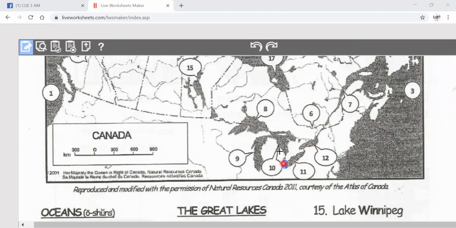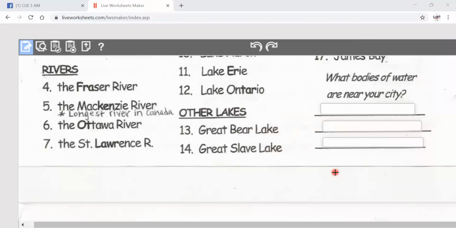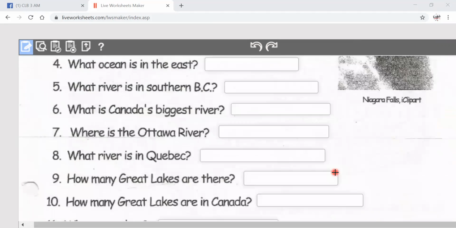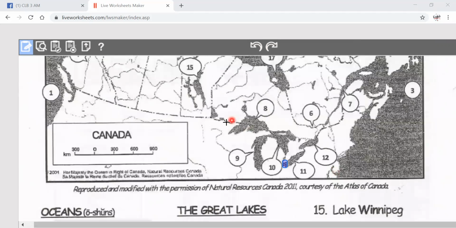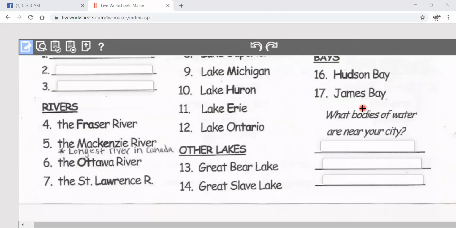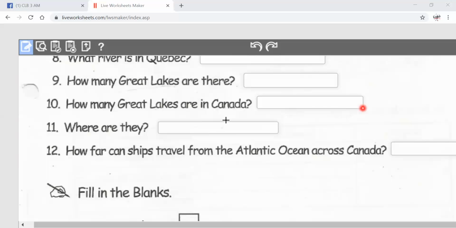So I want you to tell me which Great Lakes are in America. And if you want, you can tell me where they are, for example, they are in Michigan, right? Michigan, because it's next to Windsor.